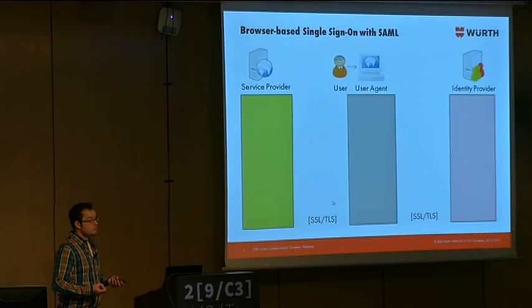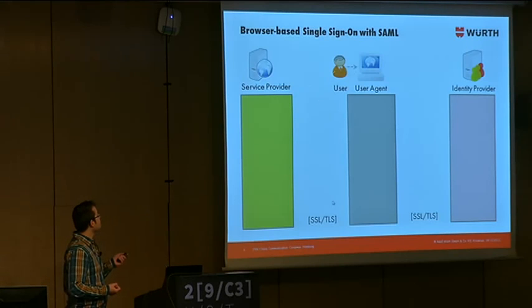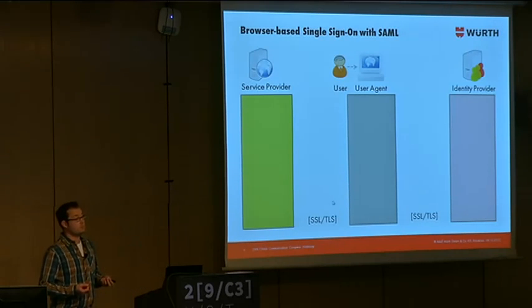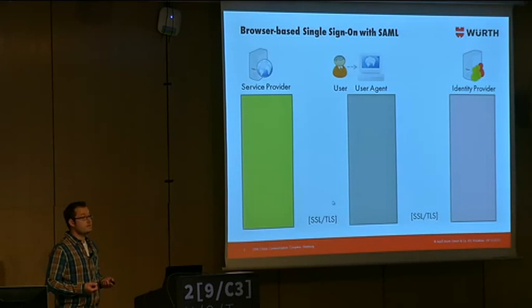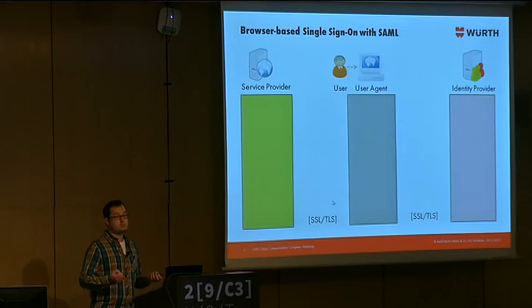So first, I'd like to explain how browser-based single sign-on with SAML works. We have four actors. First, the user, who navigates a user agent, which is normally a browser. Then we have an identity provider, which authenticates the user and issues the so-called SAML assertions.